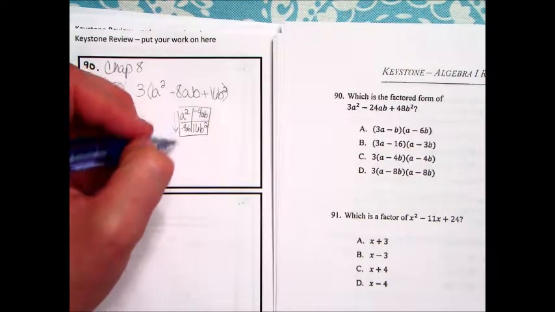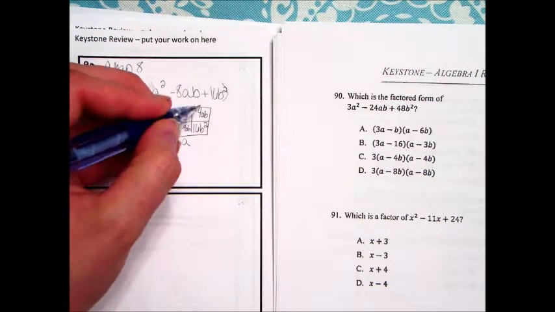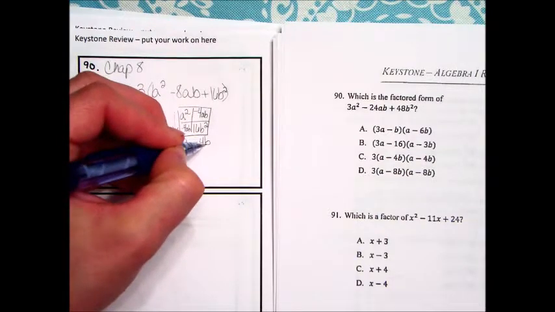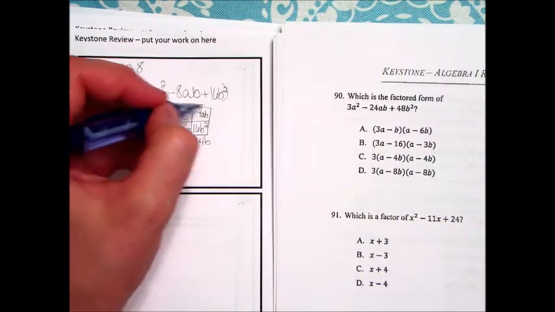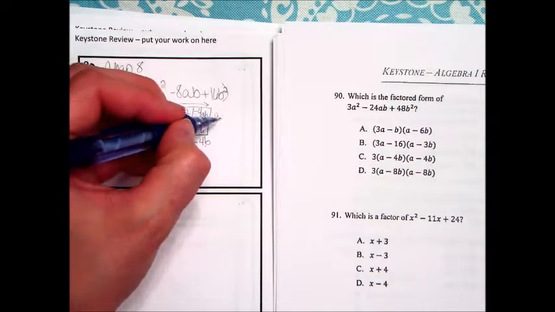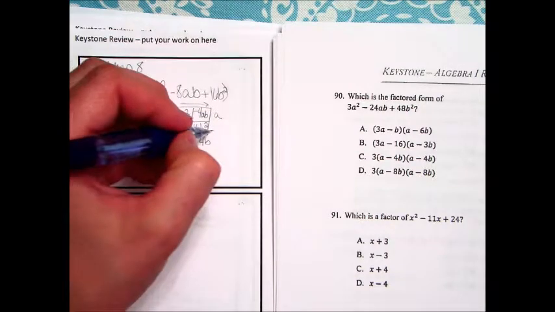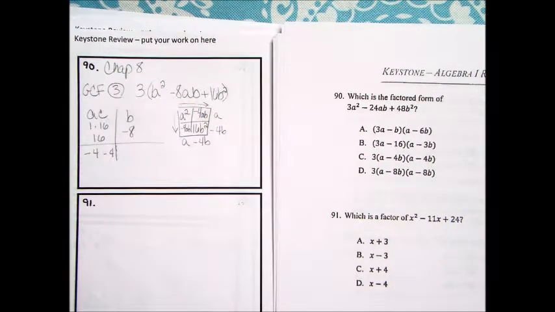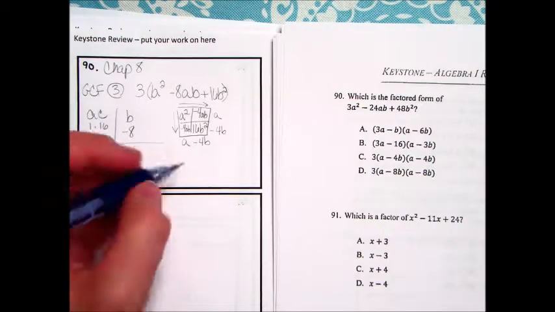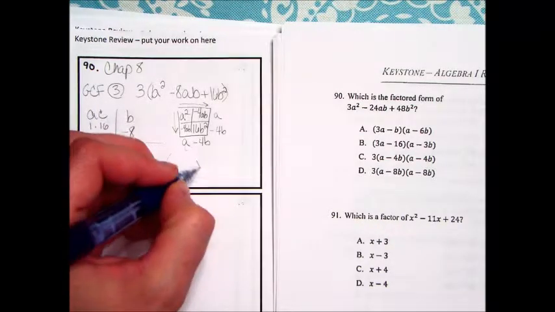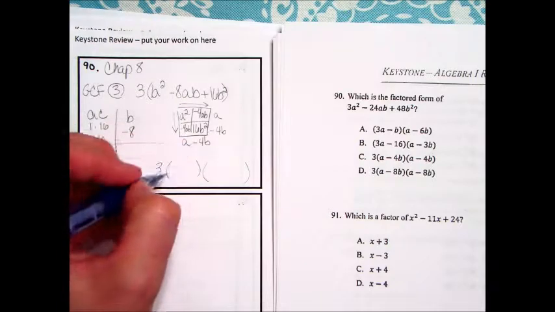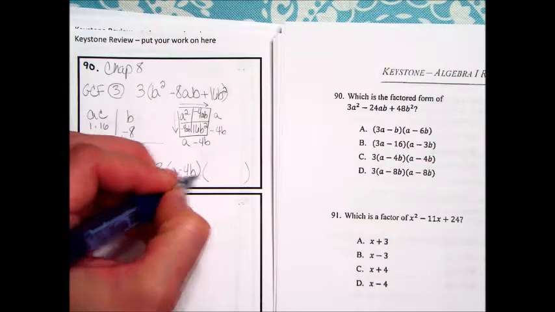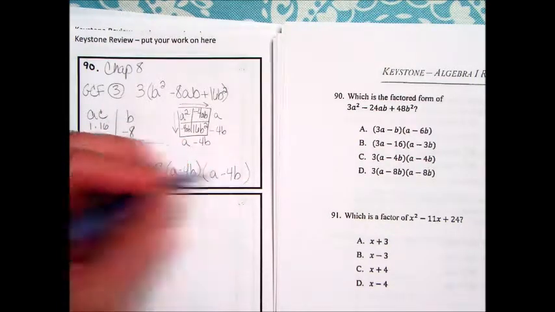On the way down, I'm going to pull out an a and a minus 4b. On the way over, I'm going to pull out an a and another minus 4b. They were kind of tricky with that b on there, weren't they? So my final answer is the 3 and an a minus 4b and another a minus 4b.